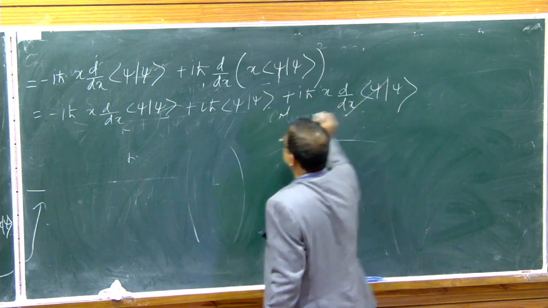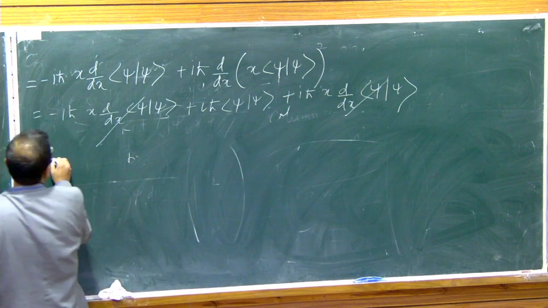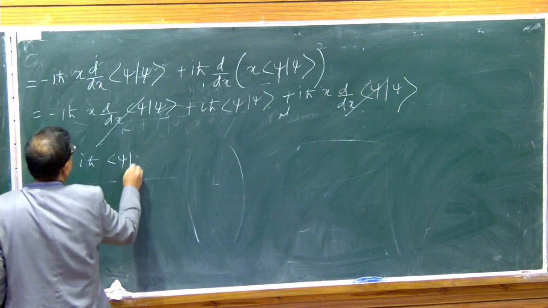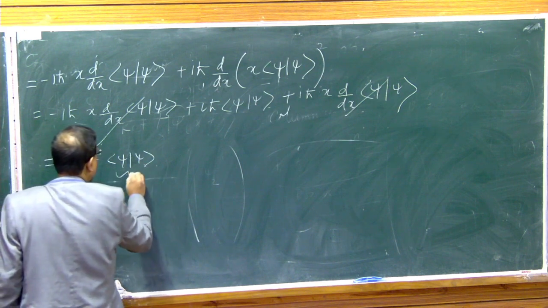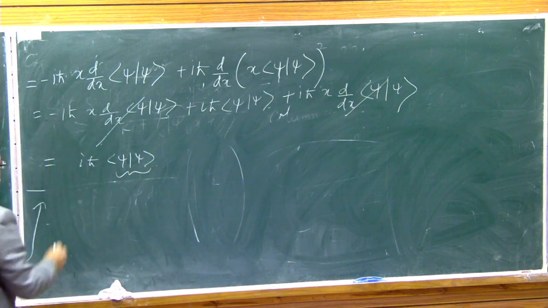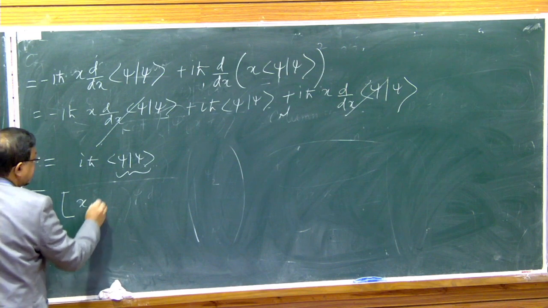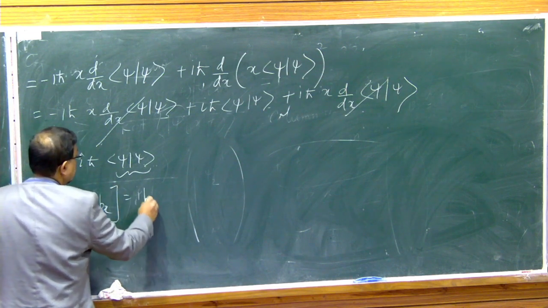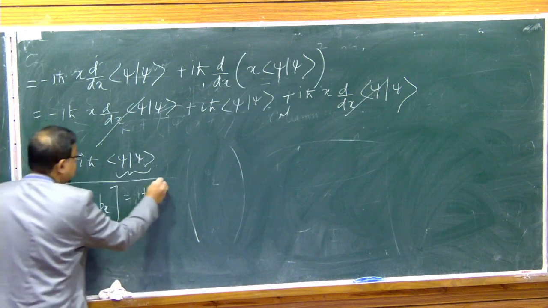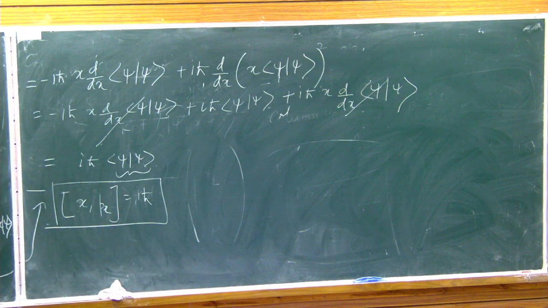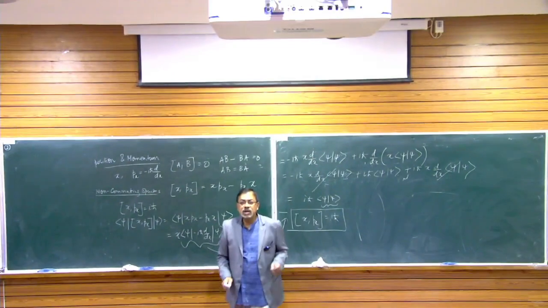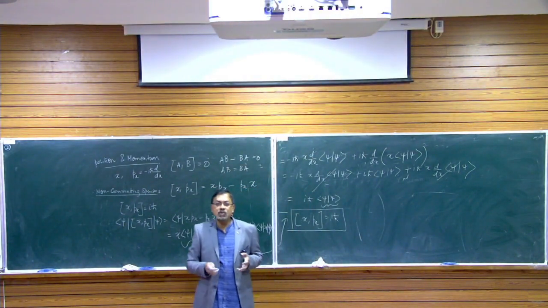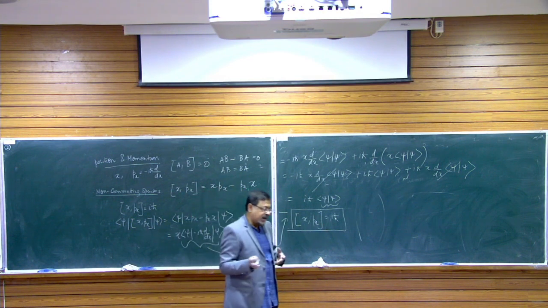So the first term and the last term cancel and I get iħ psi, which of course should become equal to iħ because these are normalized. So your x p_x commutator is equal to iħ, which means that the position and the momentum operators do not commute. So it depends which order you operate them on the wave function to find their respective observables.